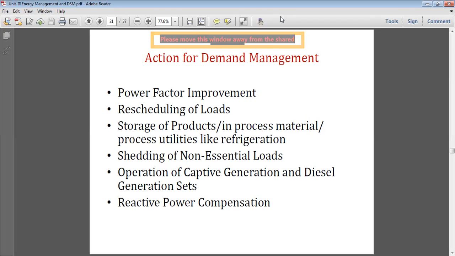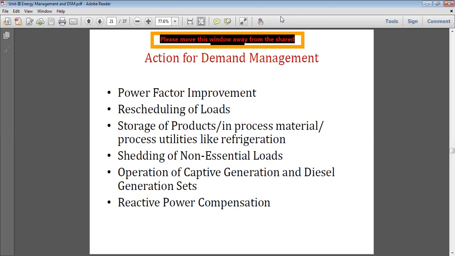It has one more advantage: it will decrease the reactive power flow from your substation to the load center. Suppose your substation is far away from your process plant.